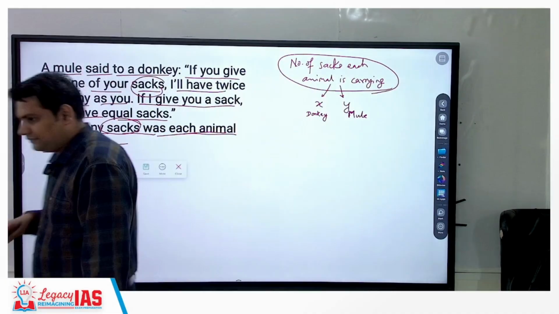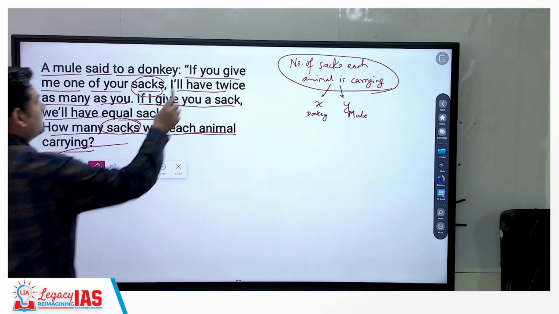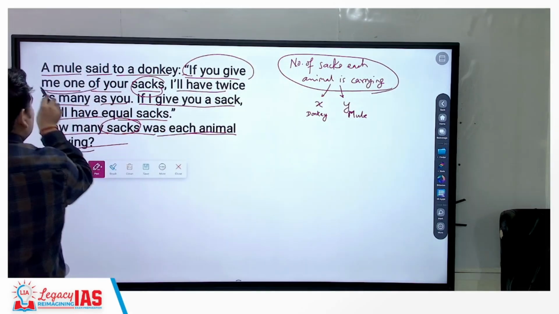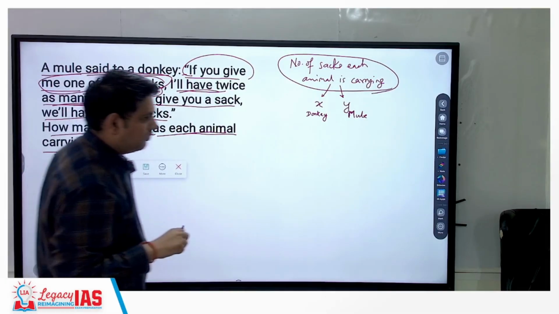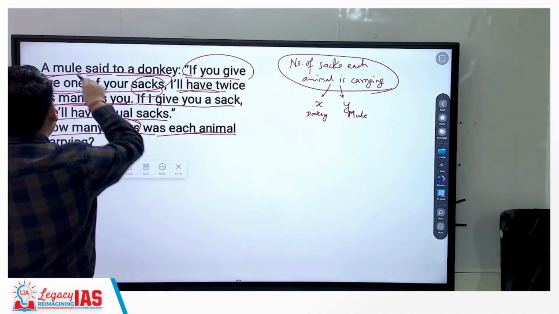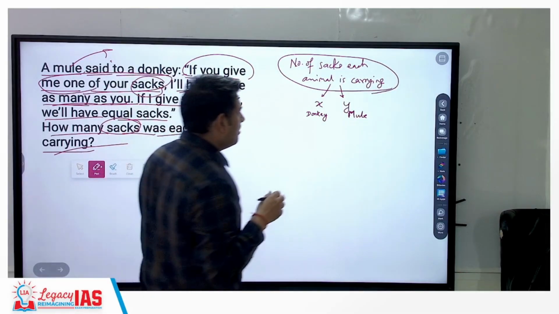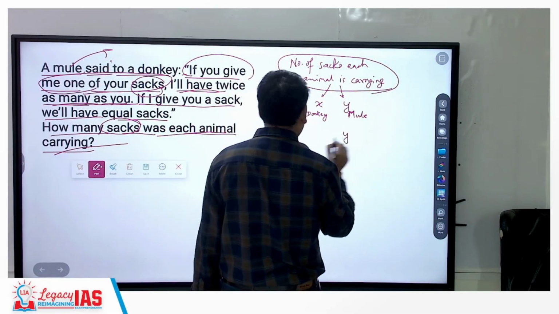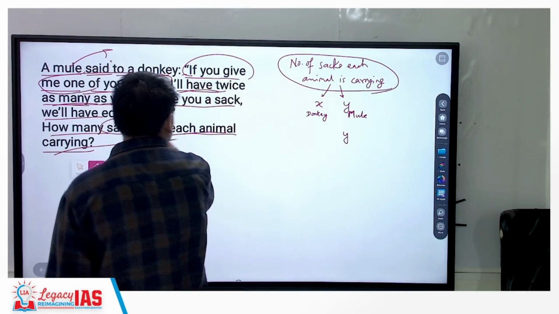Now let's see what it says. First sentence, if you give me one of your sacks, I'll have twice as many as you. Now who is saying this? The mule is saying this to the donkey. If you give me one of your sacks, I have twice as many as you.